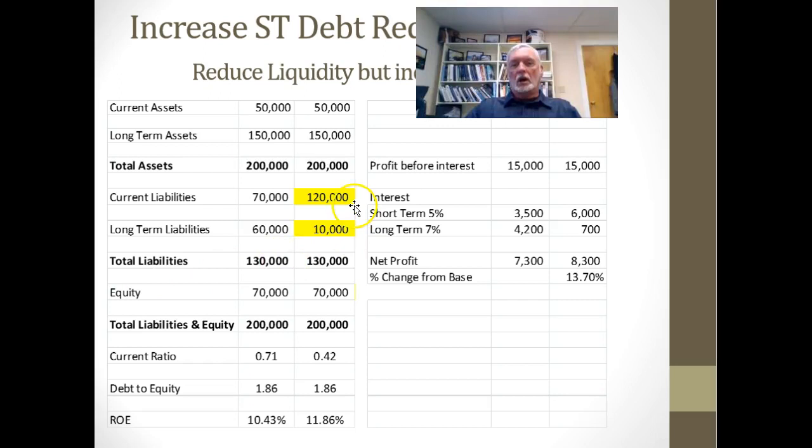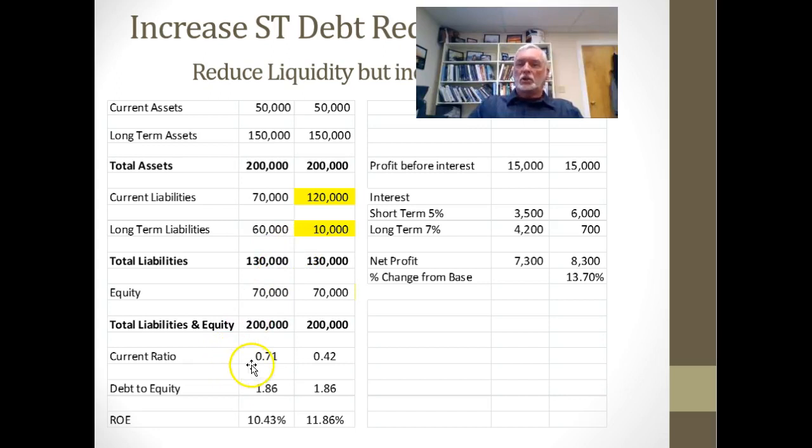So I now have 120,000 plus 10,000. So I've taken 50,000. I borrowed a net additional 50,000 short-term, and I've paid off 50,000 of long-term debt. So now I have 120 and 10. Notice this still adds up to 130, or we wouldn't balance. So I haven't changed my balance sheet. I've just shuffled my balance sheet.